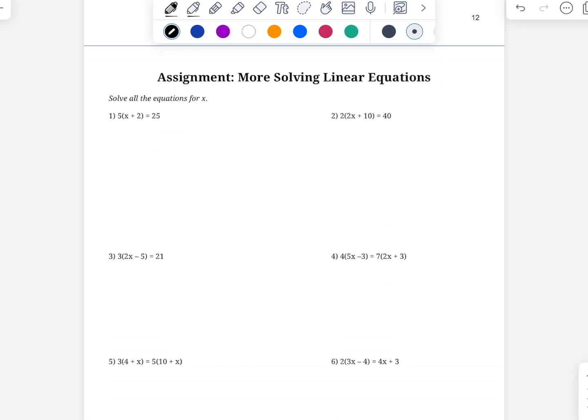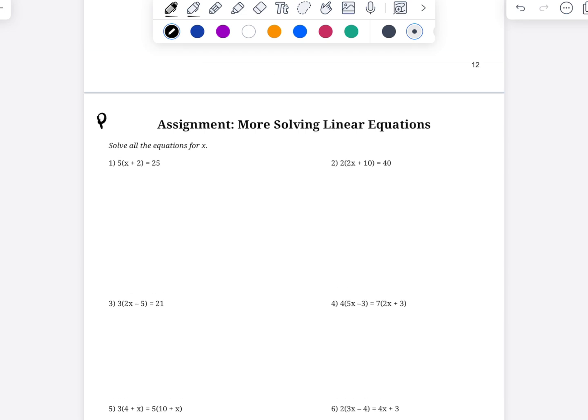All right, so on page 13 and 14, there are some problems that I would like you to try. And in this situation, what I would like you to do is try them with your seat partner, okay?